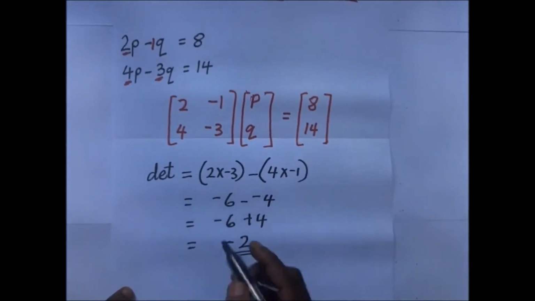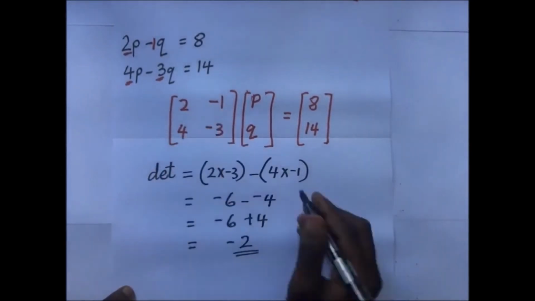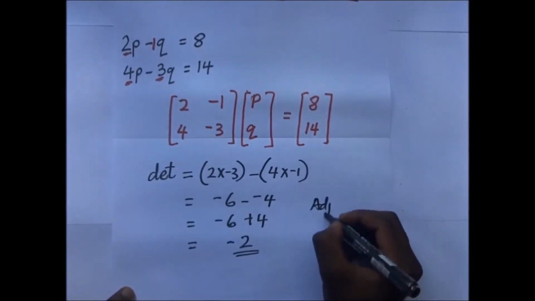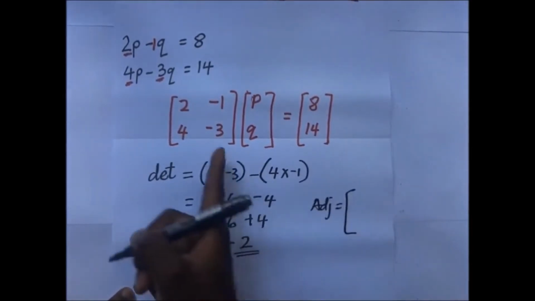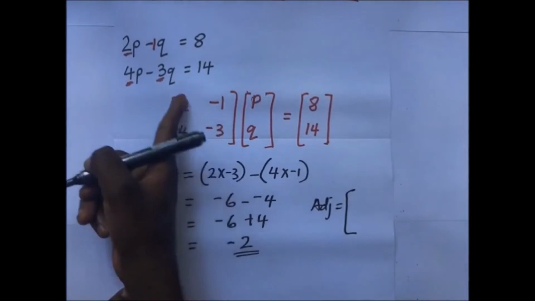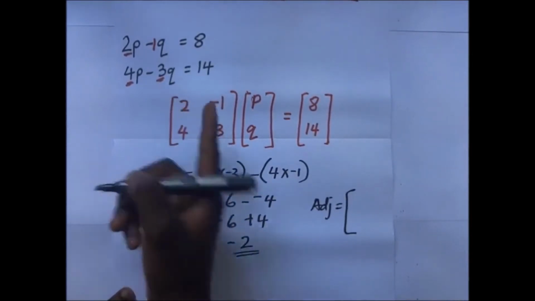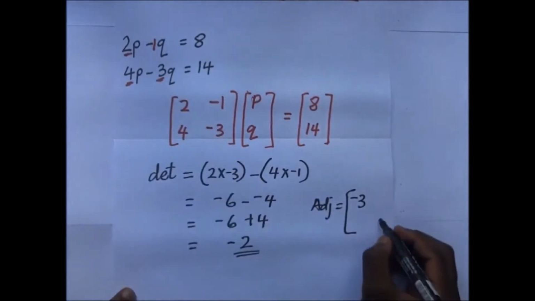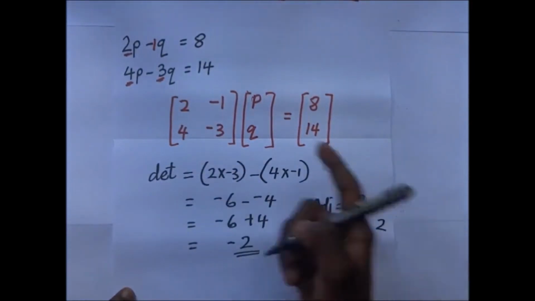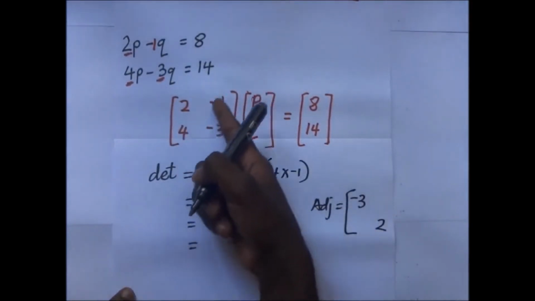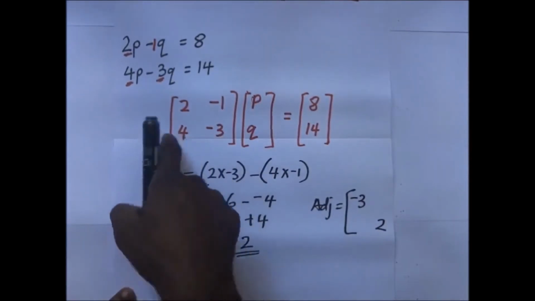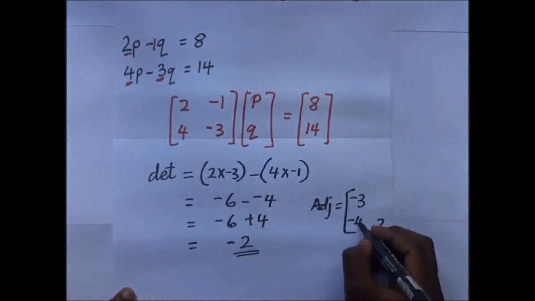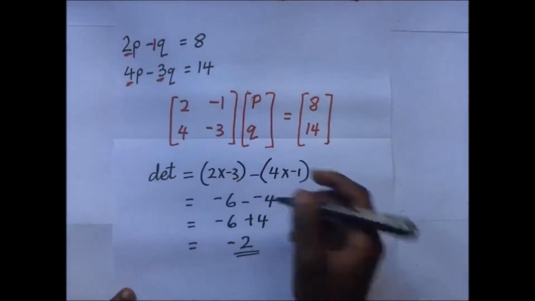So we go ahead and find the adjoint of this same matrix. The adjoint is simply going to become: we interchange these numbers in the main diagonal, so here we have -3, and this 2 comes down here. Then in this other diagonal we multiply by -1. 4 times -1 is -4. -1 times -1 is 1.